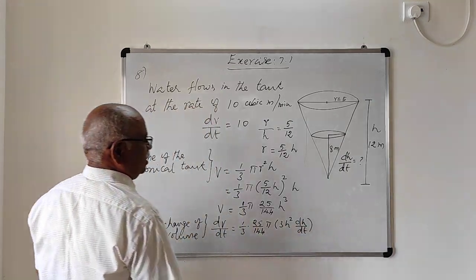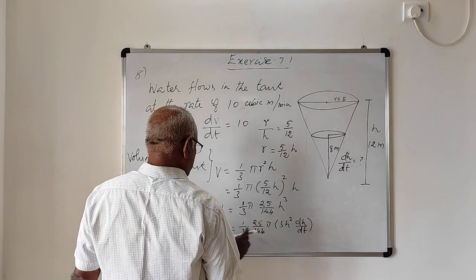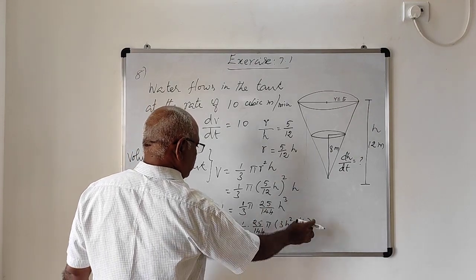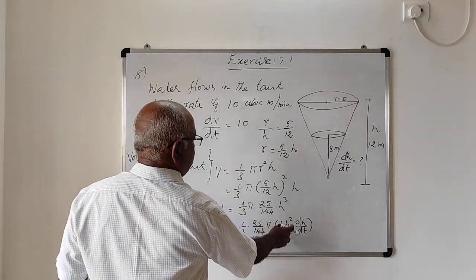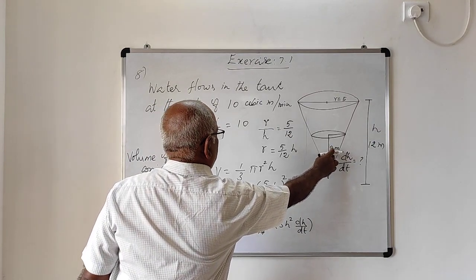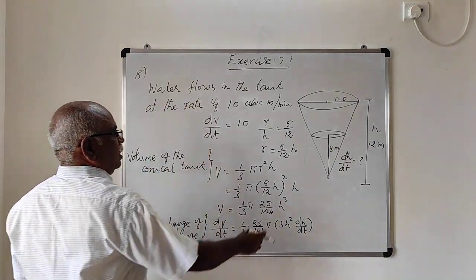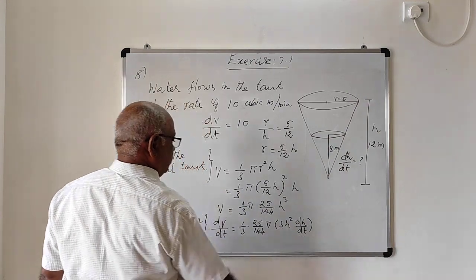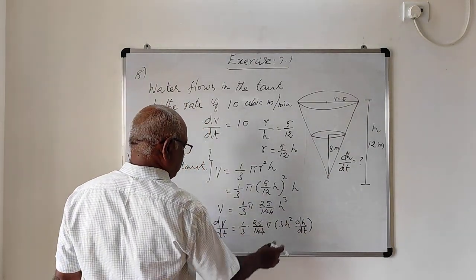So when the height is 8 meter, h equal to 8.